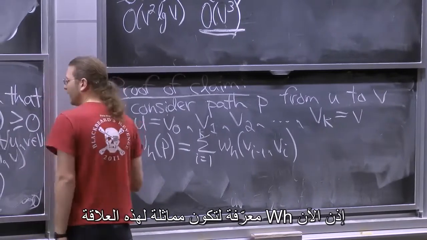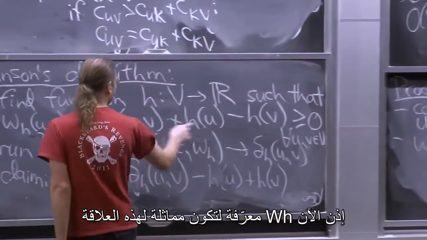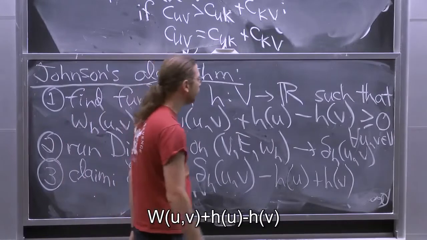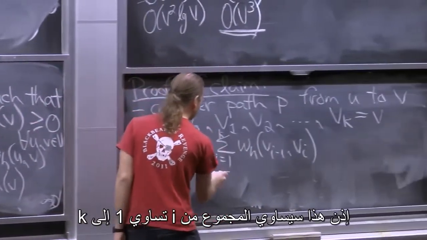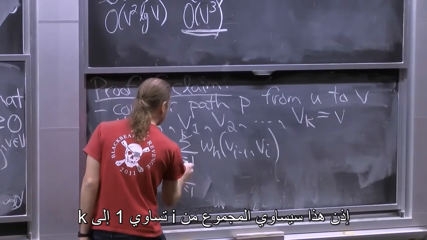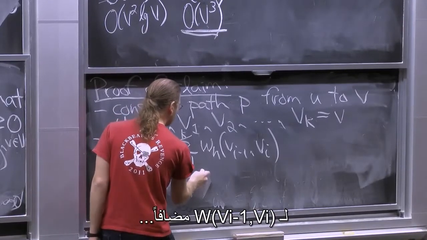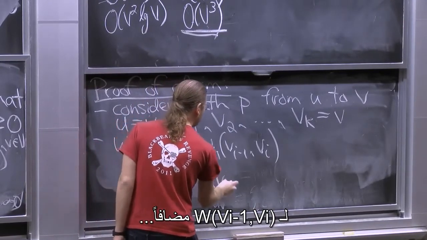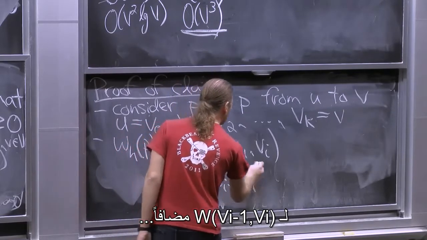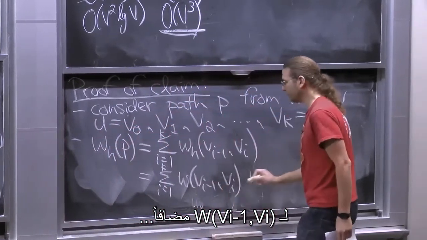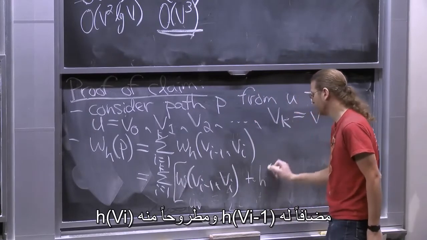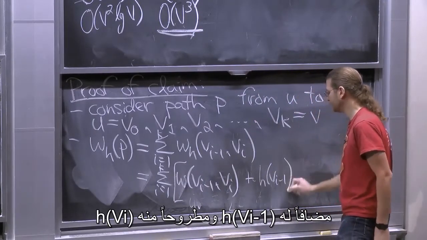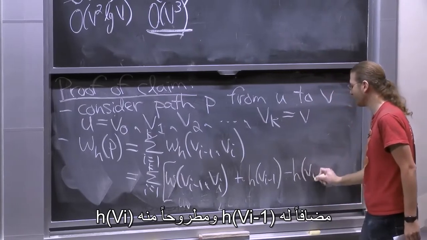Okay, now w sub h is defined to be w plus h of u minus h of v. So this is the sum i equals 1 to k of w(v_{i-1}, v_i) plus h of v_{i-1} minus h of v_i.